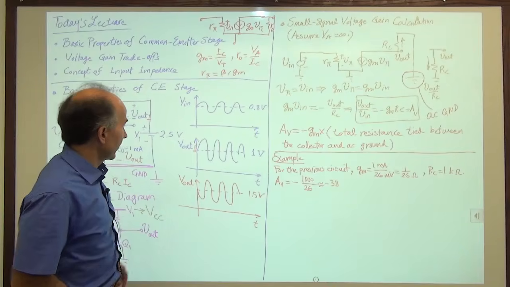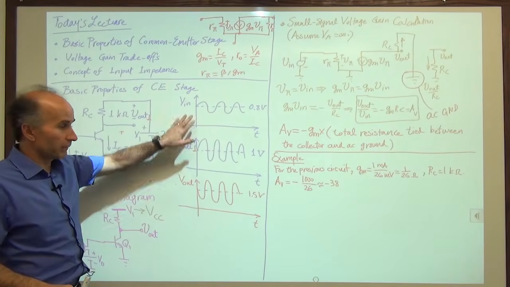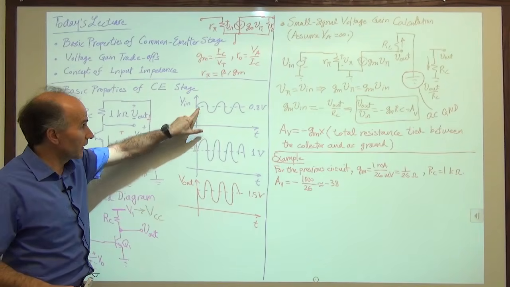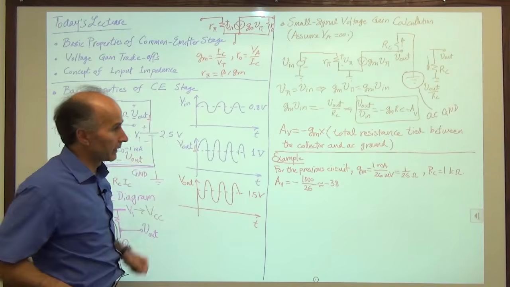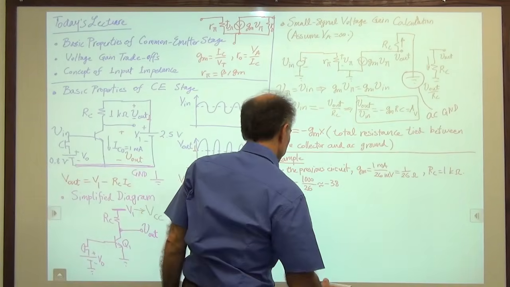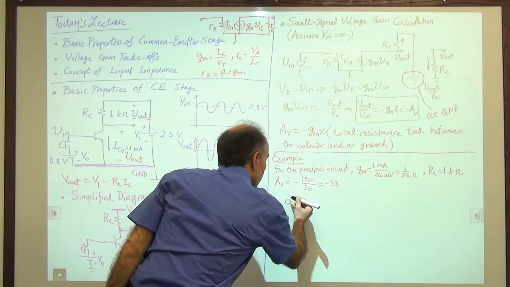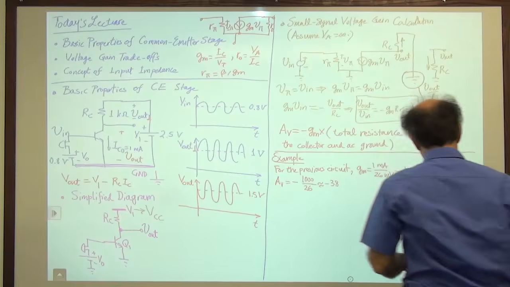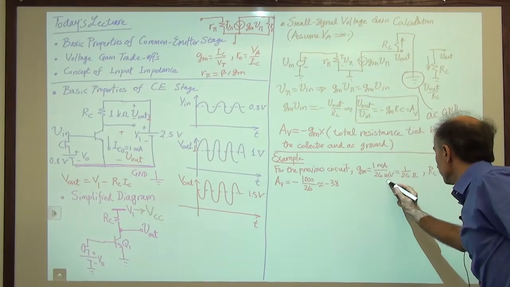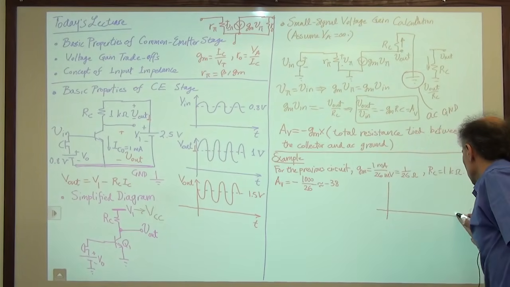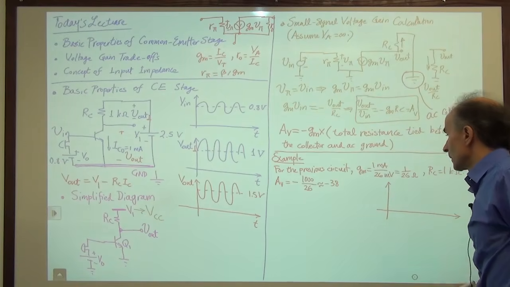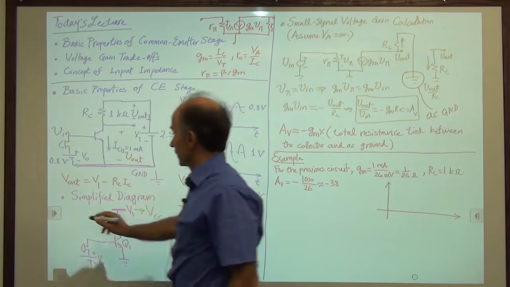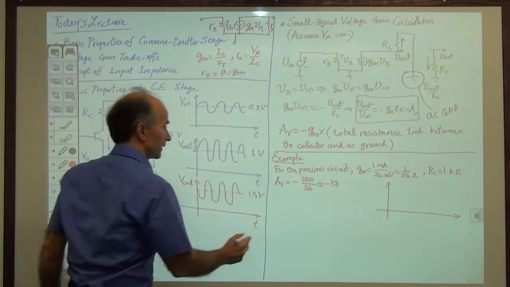Now let's go ahead and redraw these waveforms now that we know how much gain we have. So here's what we will do. We'll start with the input. So let me try to draw these very carefully here. So actually, let me draw these on this side.